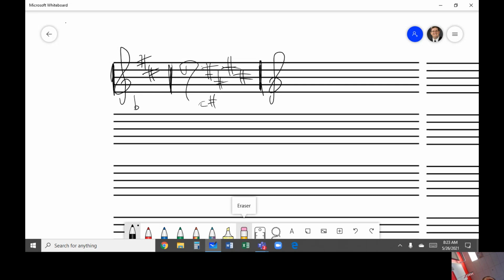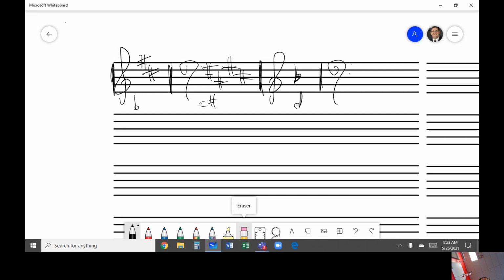Do please the key signature for D minor. Pause the video now. Here's your answer. D minor, 1 flat, B flat. Do please the key signature for C minor.